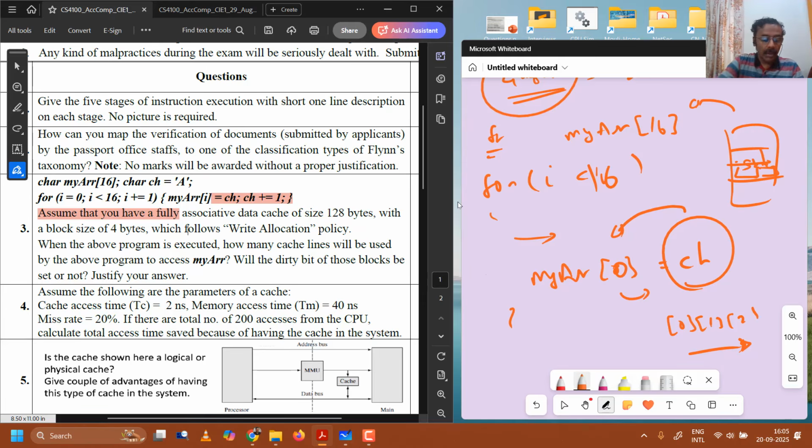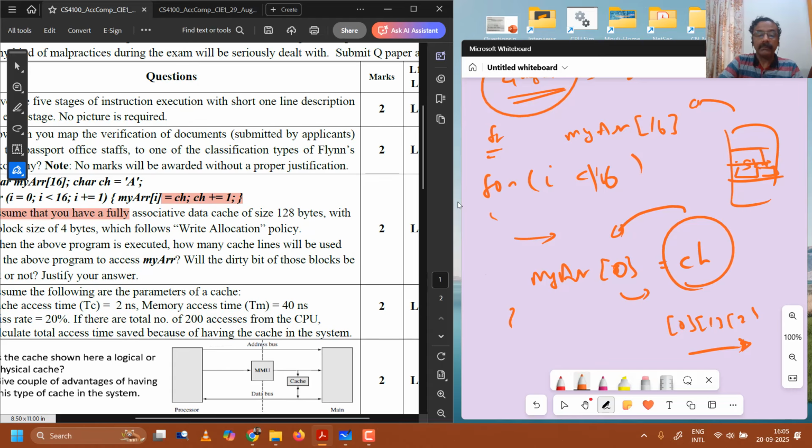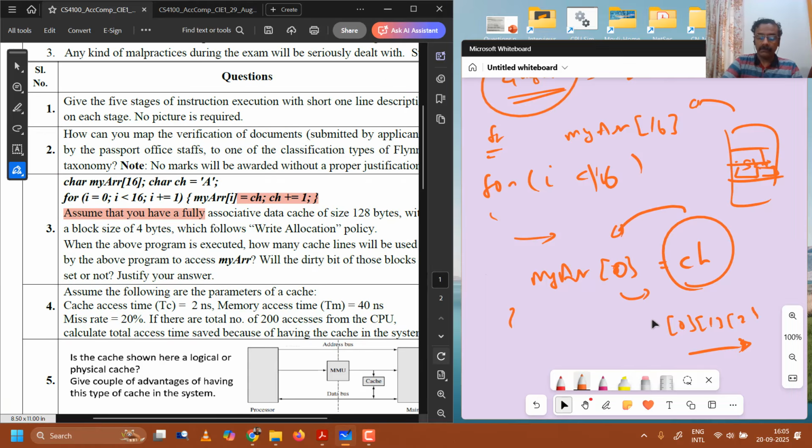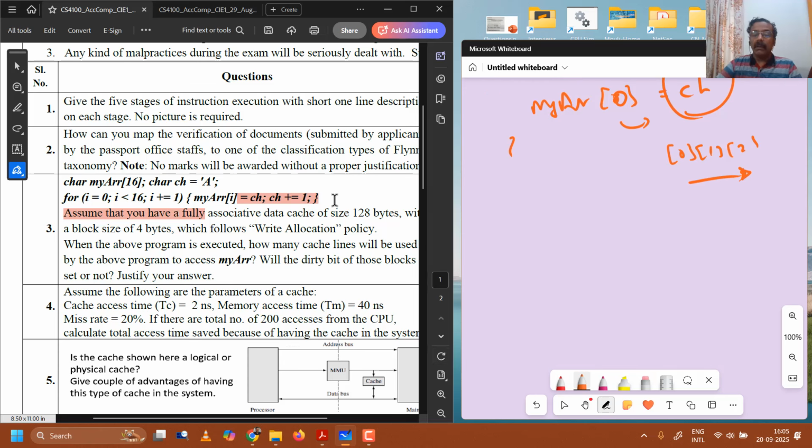There may be a cache, we are talking about the data cache, with an even number of blocks, multiples of 2. Fully associative means whichever block of main memory the CPU tries to read, it will find a space in the cache, because it is required immediately. So it will remove some block and then allocate it.